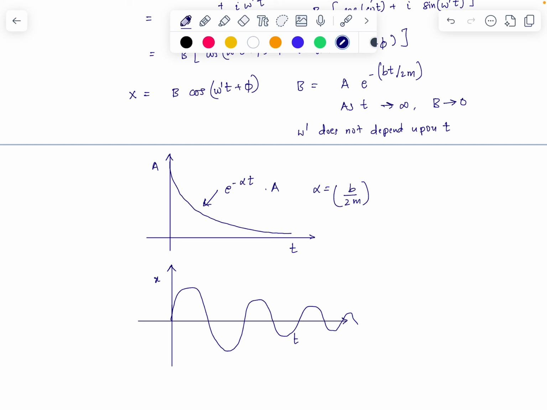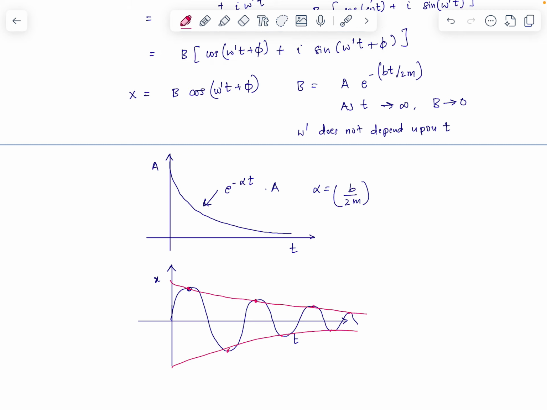If you take these points on the very top, we see that this is decaying with respect to time, and the same happens here. Even this decay is with respect to time. So that's one of the reasons why we mention that the simple harmonic motion in this particular case is damped. The damping reduces the amplitude of the vibrations.